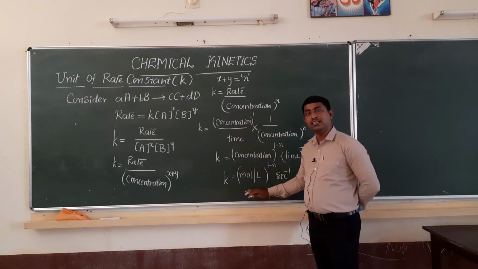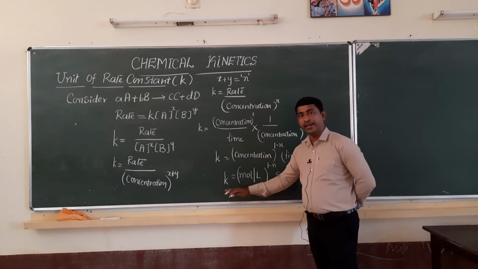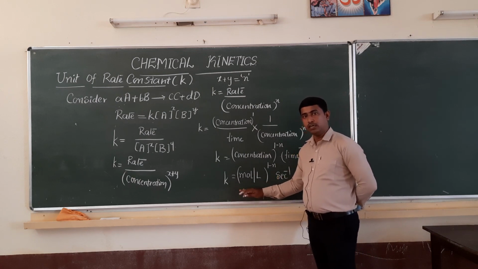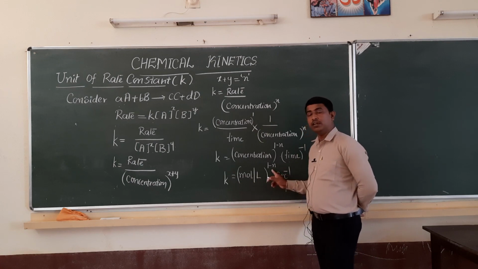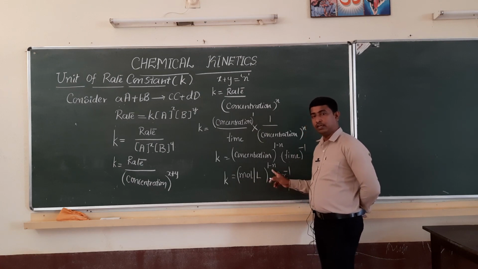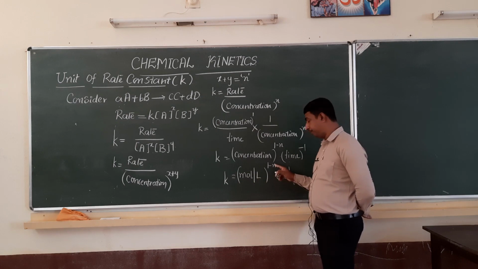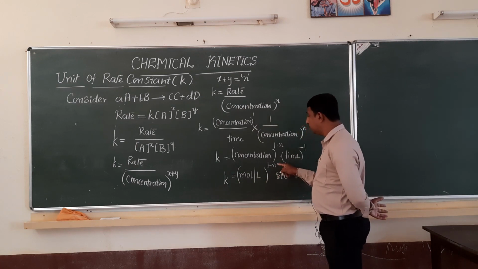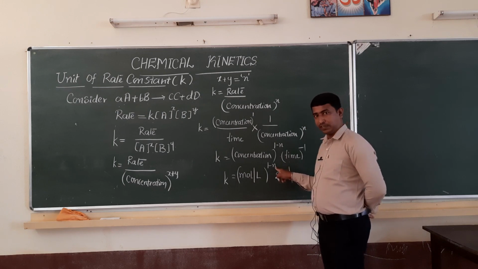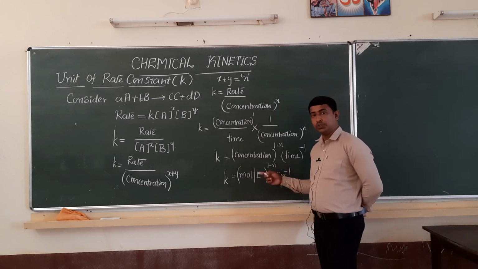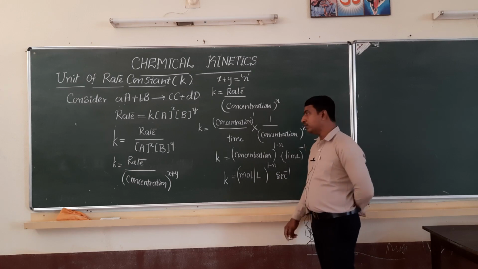Now let us check the units of rate constant for zero order, first order and second order reaction by substituting the value of n. N means order, correct? If I substitute n equal to 0, then it becomes zero order. If I take n as 1, then it is first order. If I take n as 2, then it is second order reaction.